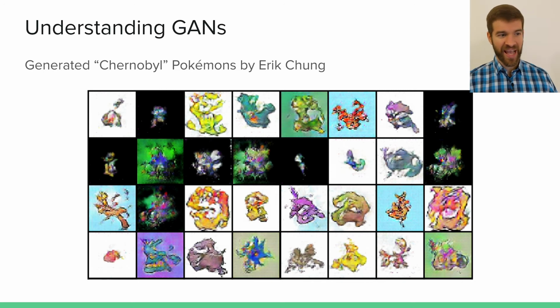As you can see in these examples here, well, they might be a bit off, he coined the term Chernobyl Pokemons. But it is really interesting to take that model and ask the questions, what knowledge went into this? So you can see the foreground, background, the background being either black, white, or maybe one color.